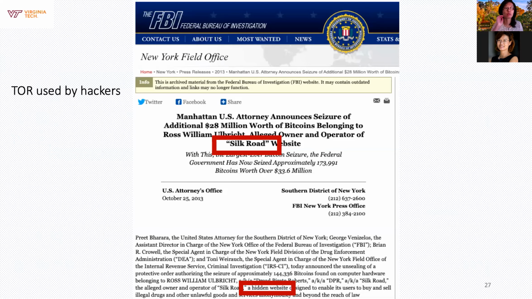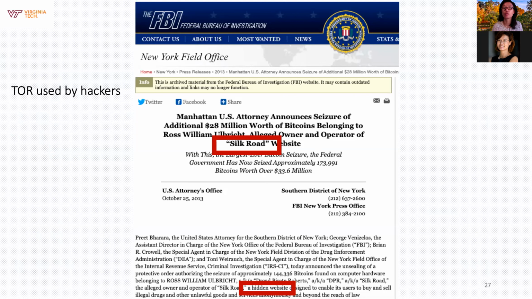Some information, some reading: TOR has been in the news a lot. WikiLeaks, of course, uses TOR, and also hackers use TOR. WikiLeaks serves a lot of purposes.